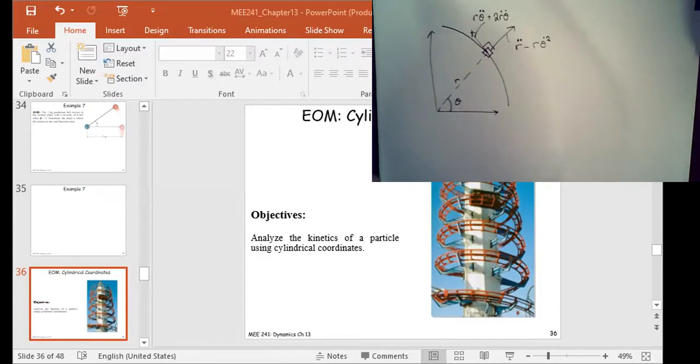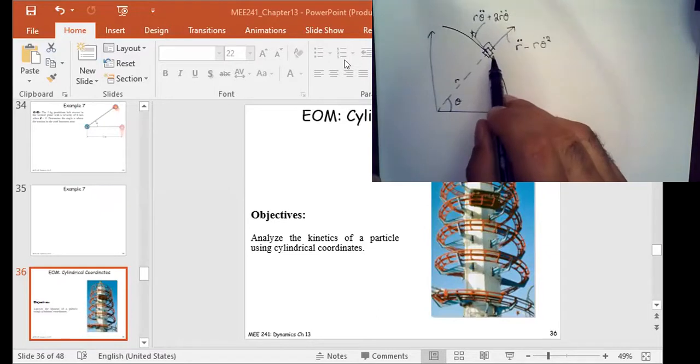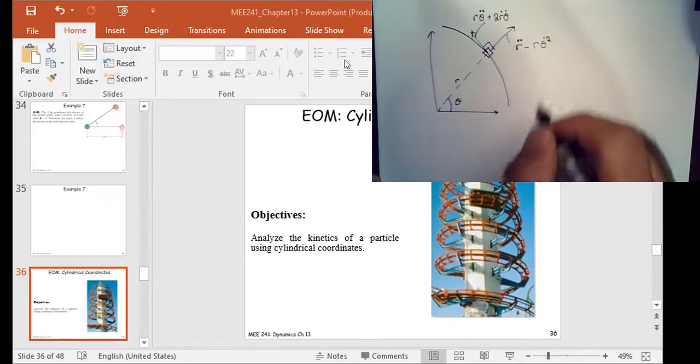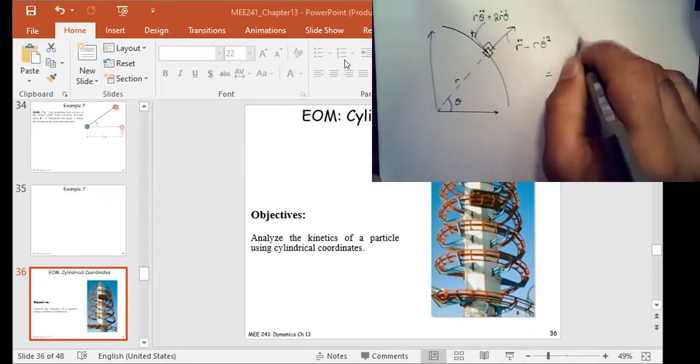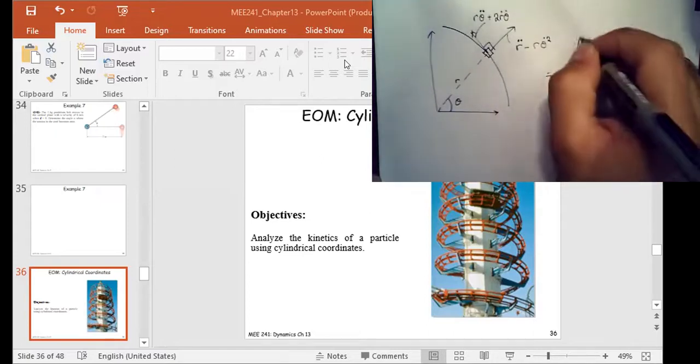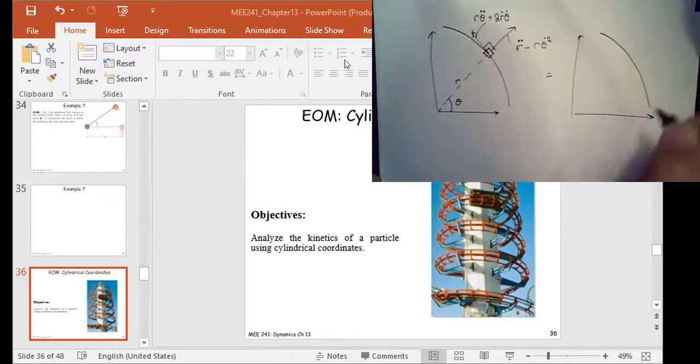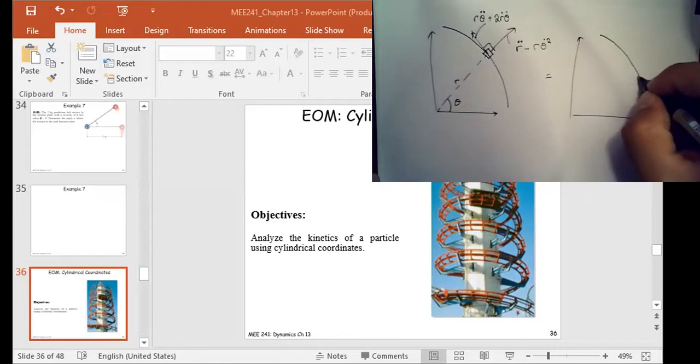What we are going to do today is relate these accelerations to the forces that we have. So what do you think are the forces that are going to be subject on this collar? If I draw it in this configuration, we have two forces.